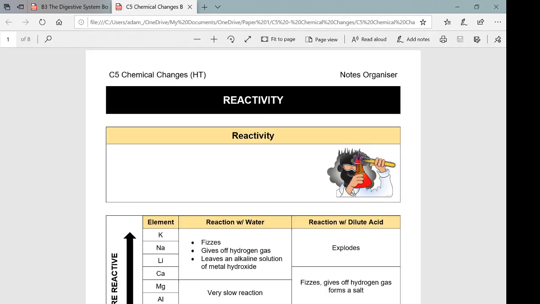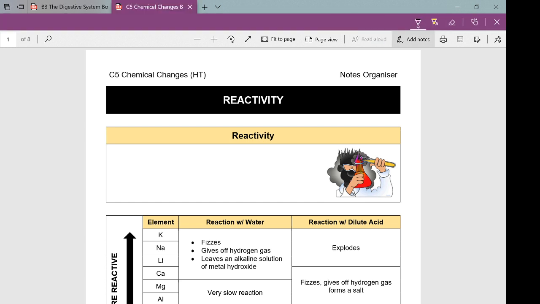Okay, so just as a quick recap of what you did back in year 9, you were introduced to this major keyword known as reactivity. That is a hugely important keyword that comes up again and again in chemistry. It's how, in chemistry, we describe how easily or even violently a substance will chemically react with another substance.